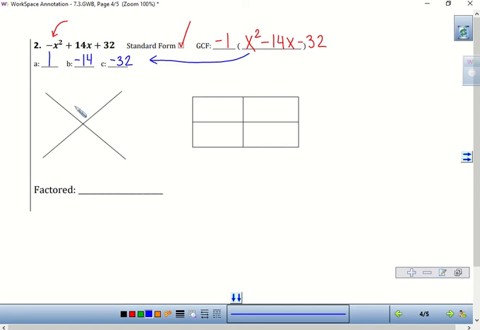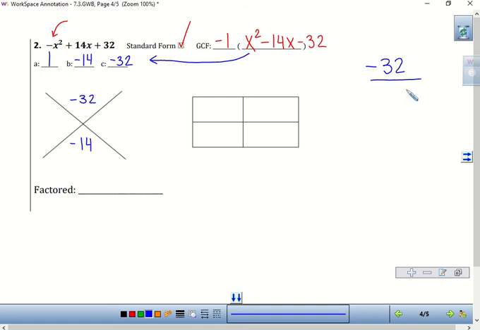So the top of the x is A times C. What's negative 32 times 1? Good. So negative 32 goes up here on the top. On the bottom, you just put your B value, which is what? Good. Now our goal is to look for factors of negative 32, so two numbers that multiply to give me negative 32, but add up to negative 14.